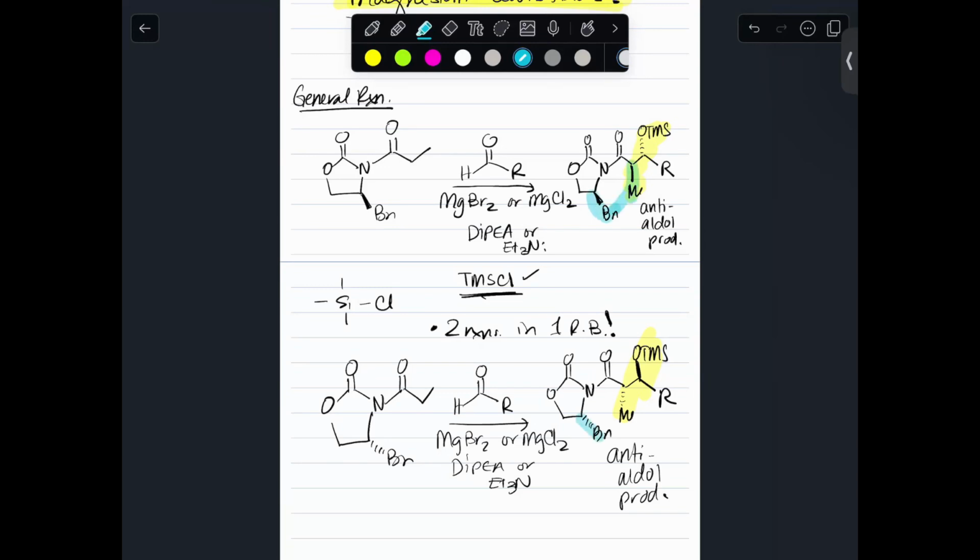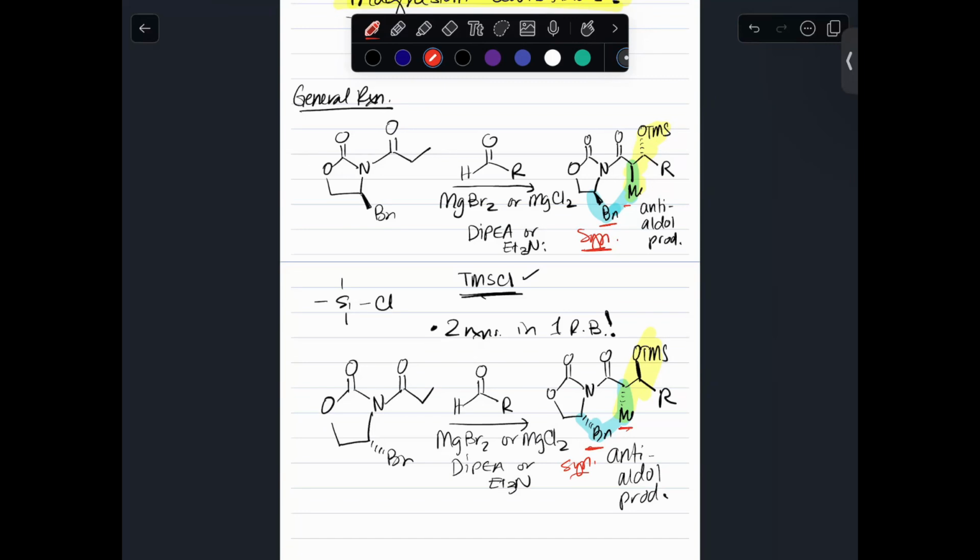These are syn to each other. Please notice that the syn comes from the first substituent alpha to the carbonyl and the substituent on the oxazolidinone. So when I say syn, I'm talking about the syn between the first substituent and the substituent on the oxazolidinone.